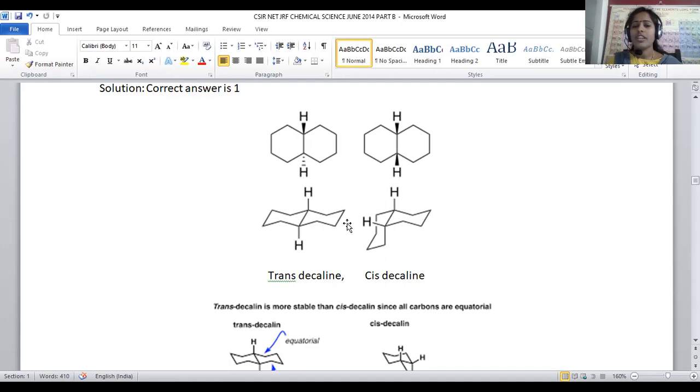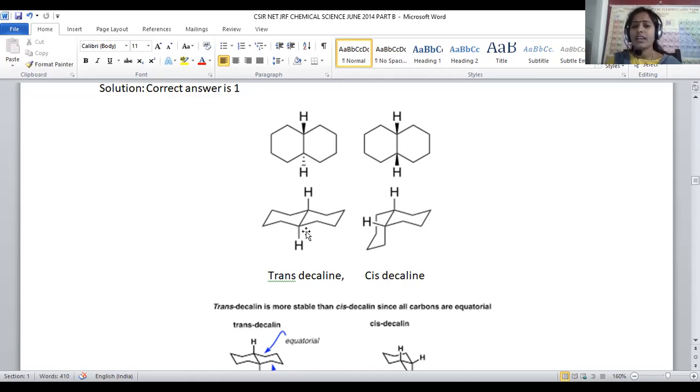Both the chair forms are inclined in this manner, so both are in the equatorial position. And whenever the cis isomer is considered, one of the chair forms is in the equatorial position, and the other chair form is in the axial position.